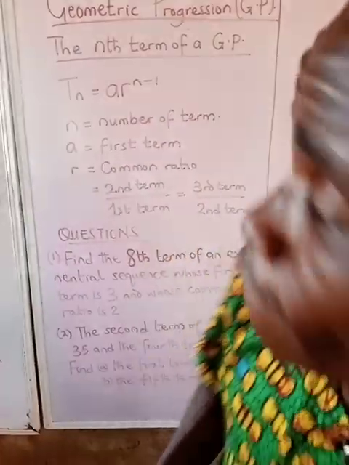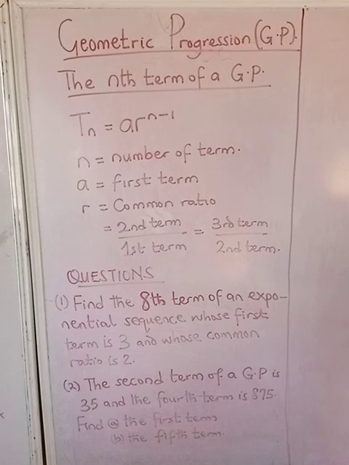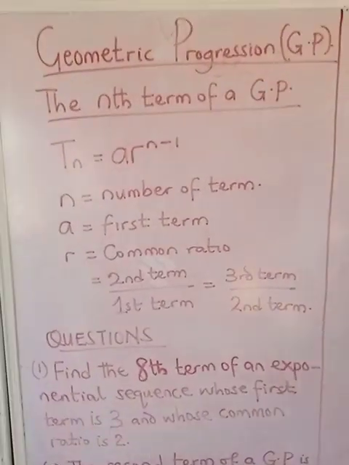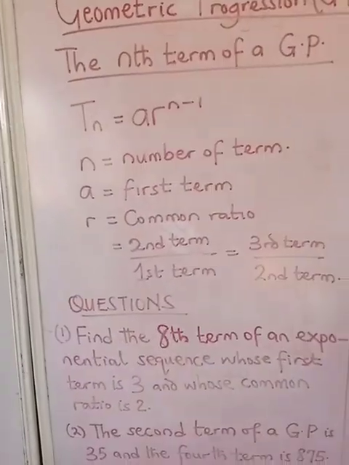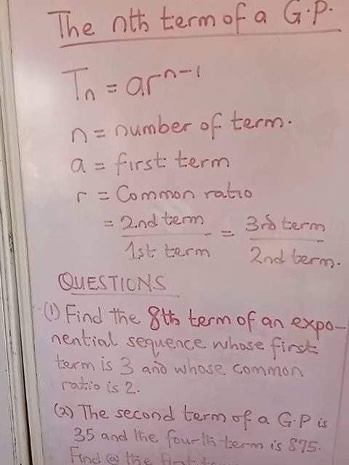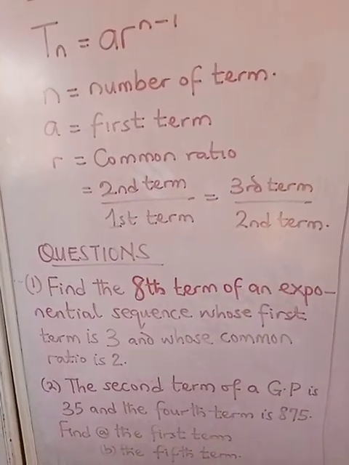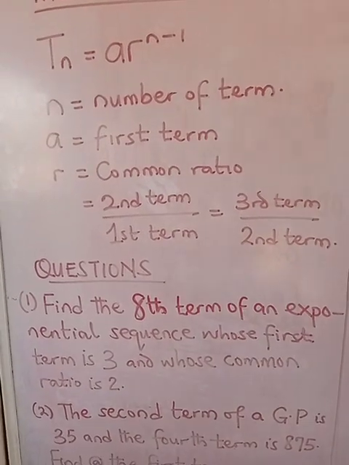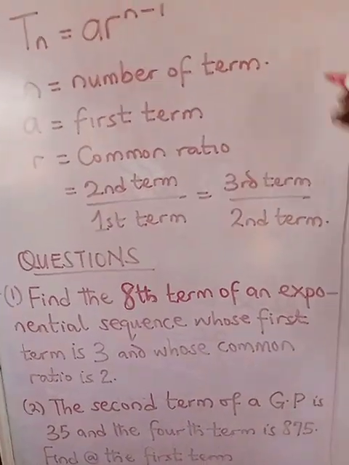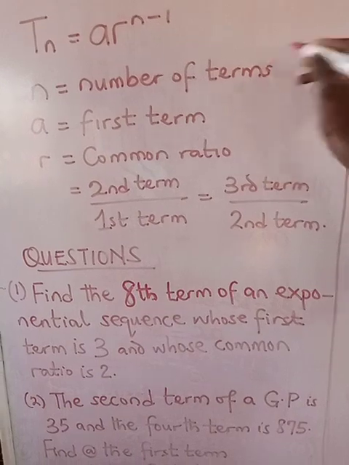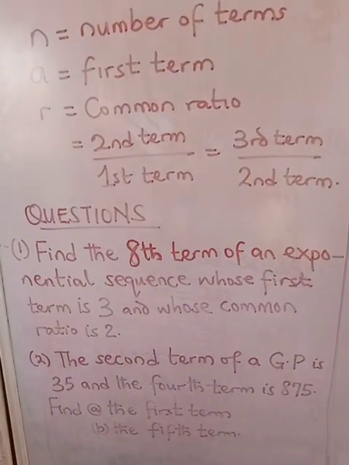It's also simple. So we have the nth term of a GP. So let's check it together. The nth term of a GP is given as Tn equals AR raised to power n minus 1, where n is the number of terms, A is the first term, and R is the common ratio.